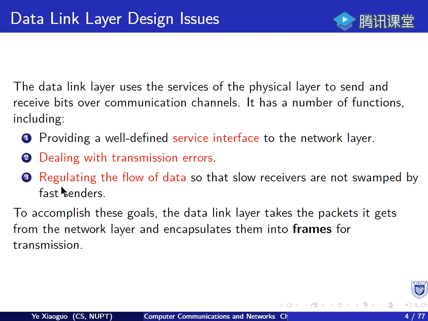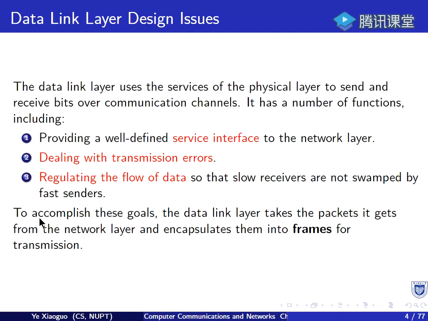So there are 3 functions of the data link layer: providing a well-defined service interface, dealing with transmission errors, that means error detection and error correction, then flow control.